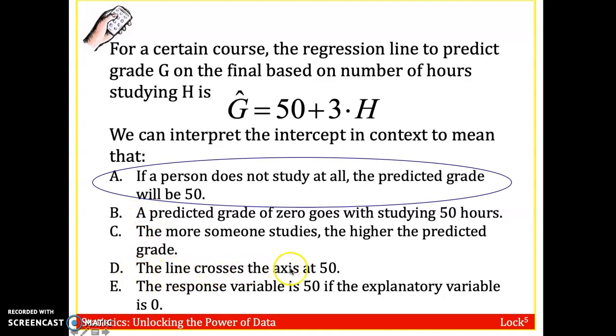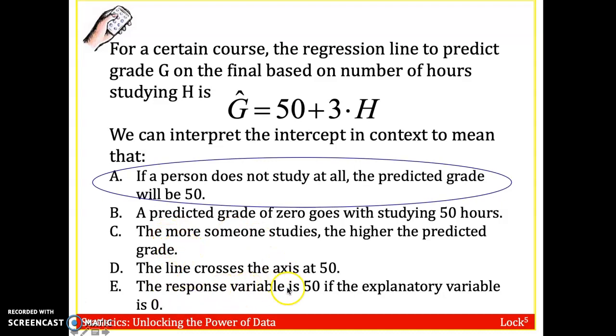The line crosses the axis at 50, for part D. This might be true, but if we're looking at a scatter plot, there are 2 axes. So the line crosses the y-axis at 50 would be correct. But it's not clear whether it's talking about the y, the vertical axis, or the horizontal axis.